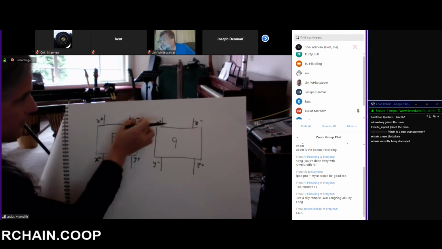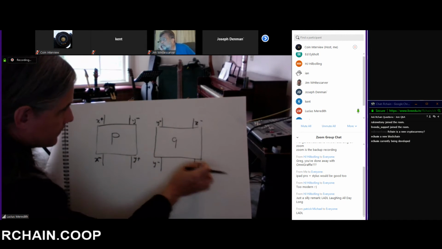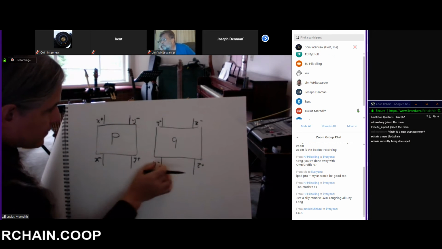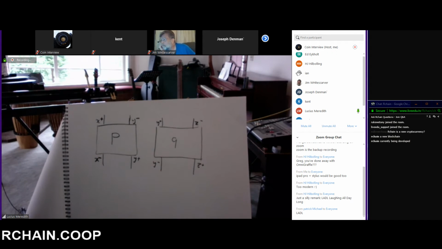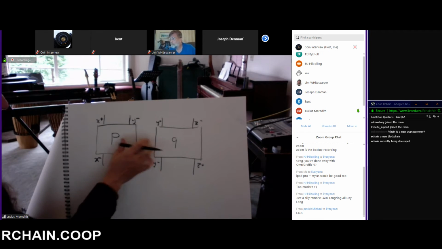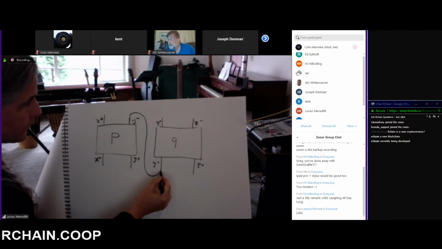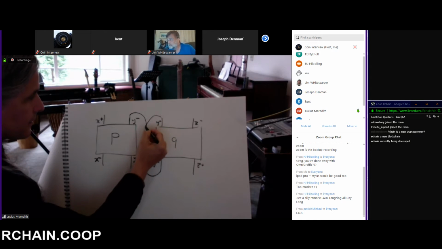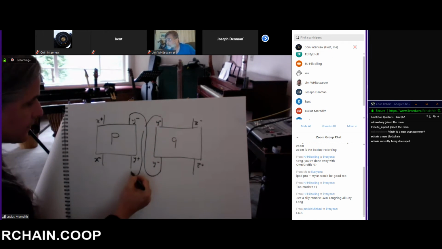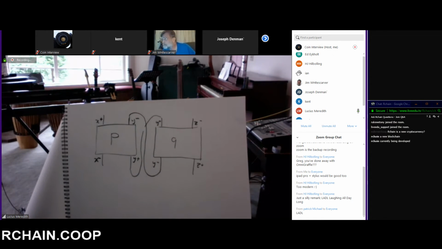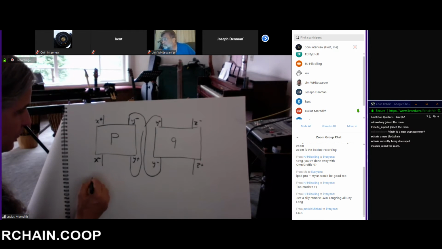So see the minus, plus, plus, minus, and now it's pretty obvious how you have to glue these together. You glue that to that, and you glue that to that. So this is effectively twisted pair composition.